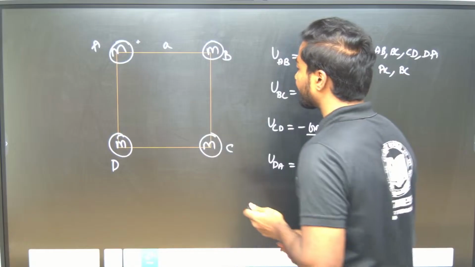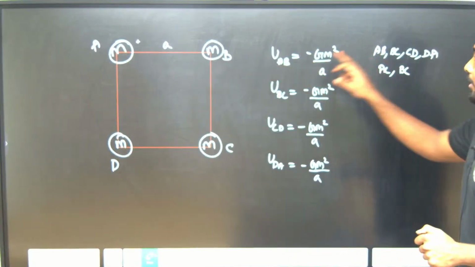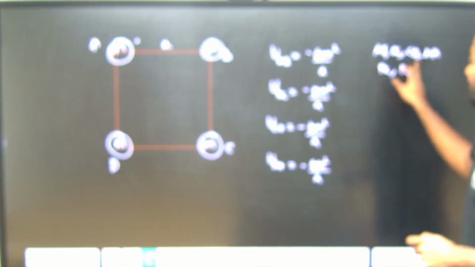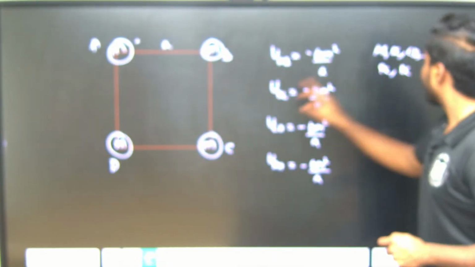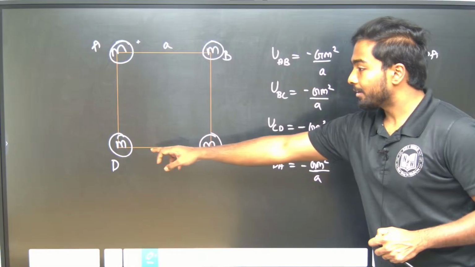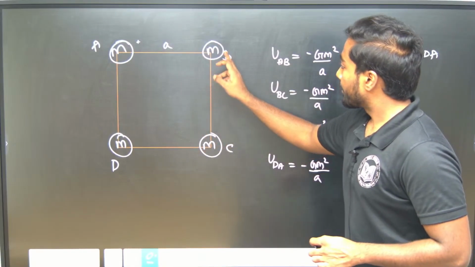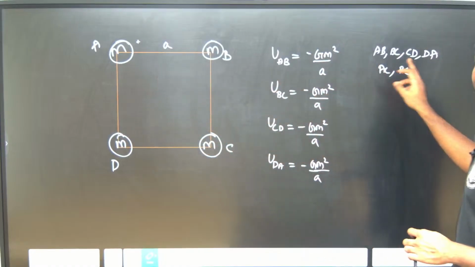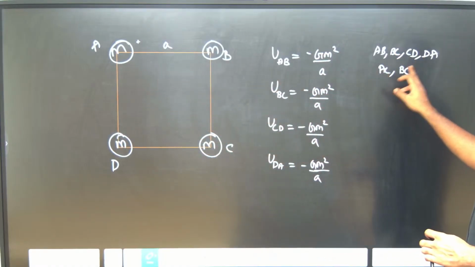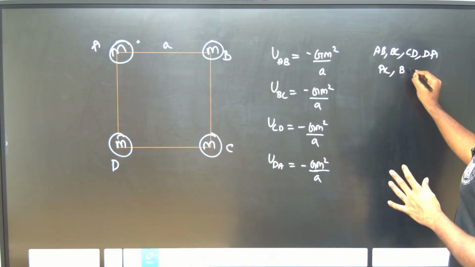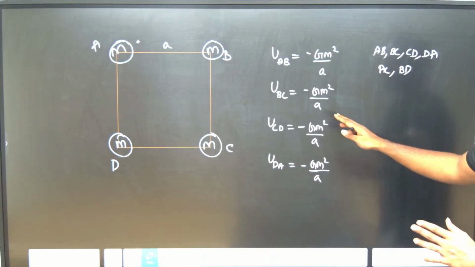AB, AC and AD we have written. BC, CD and BD are there too. So everything we have written.